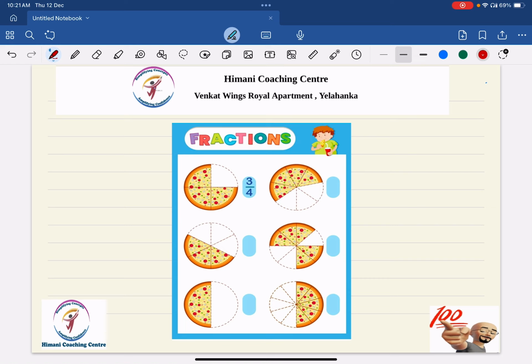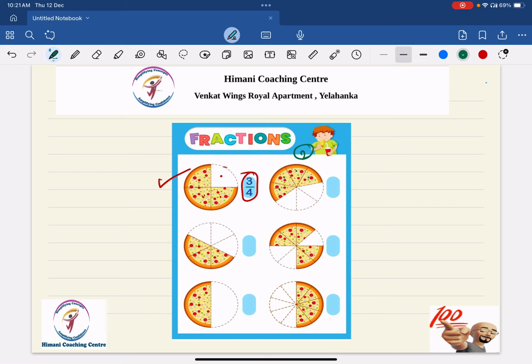So now let us look at the first shape. It's one full pizza divided into one, two, three, four parts. So the parts selected are one, two, three. So they have written 3 by 4. Okay. Now let us look at diagram number 2. Let us count the total number of equal parts.